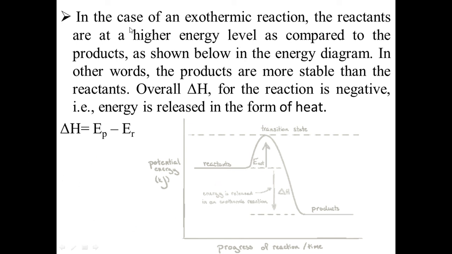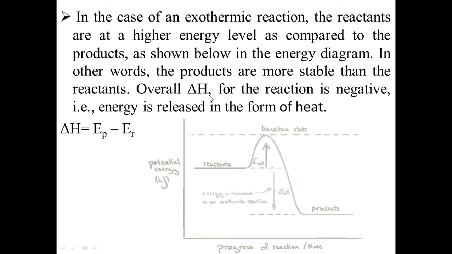In the case of an exothermic reaction, the reactants are at a higher energy level compared to the products, as shown in the energy diagram. In other words, the products are more stable than the reactants.